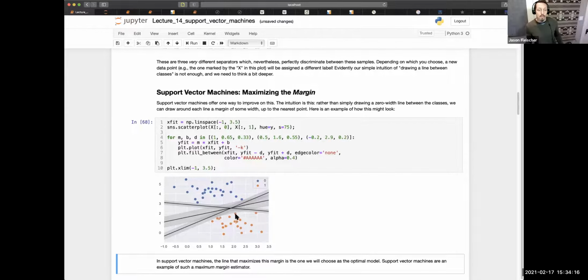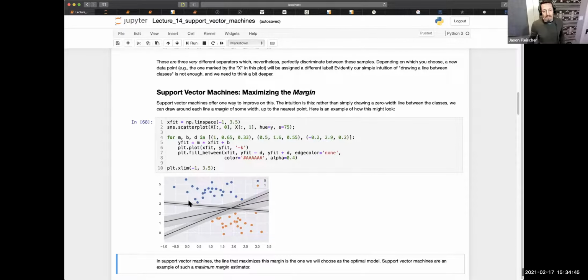The margin is the space between the closest data points, the distance perpendicular to the decision boundary, defined by the weight vector. The margin for any given decision boundary is the space between the negative class closest point and the positive class closest point, perpendicular to the decision boundary that's drawn.